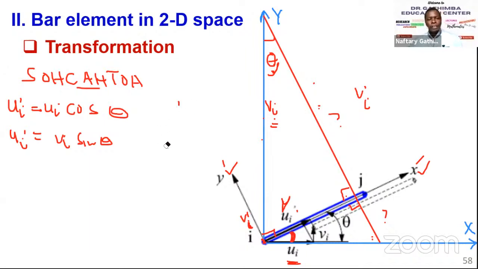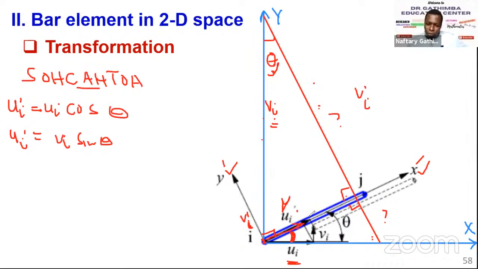Now we have resolved from local coordinate system the displacement along the axis of the element. We have been able to resolve this displacement along that direction.